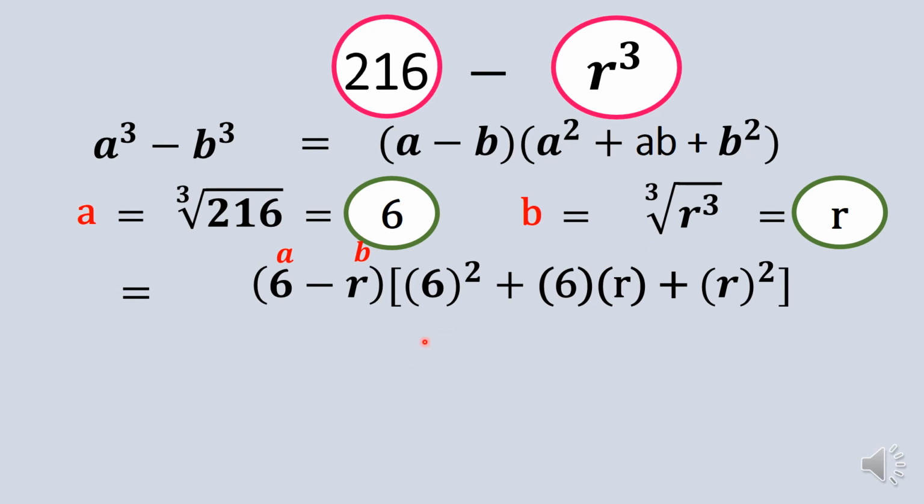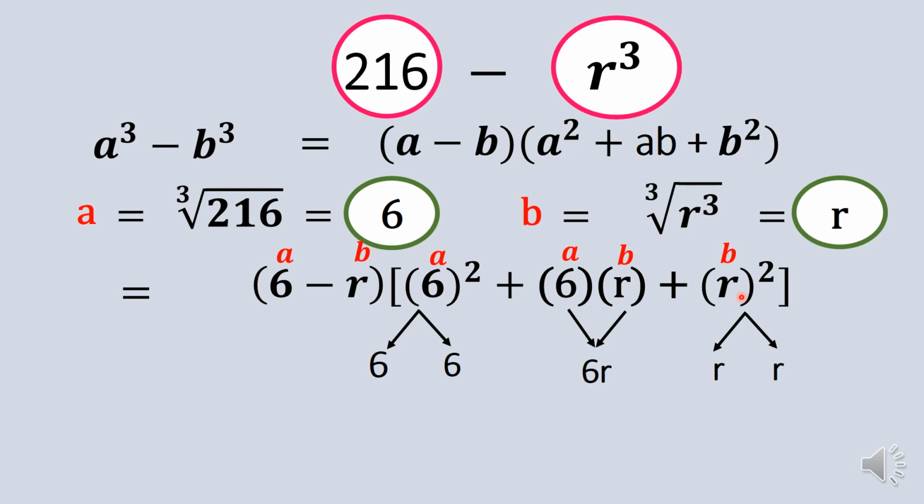So pag sinubstitute na natin yung a, so you have now quantity 6 squared plus 6 times r plus r squared. Okay, and then simplify now these parts or these terms again. So ang ibig sabihin ng quantity 6 squared ay 6 times 6. Then this one, 6 times r, that is 6r. And then for r squared, that is r times r.